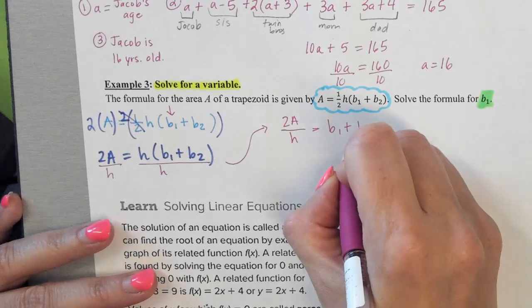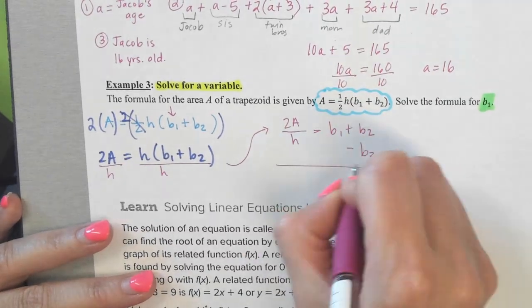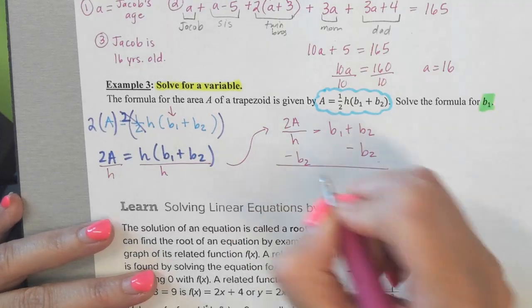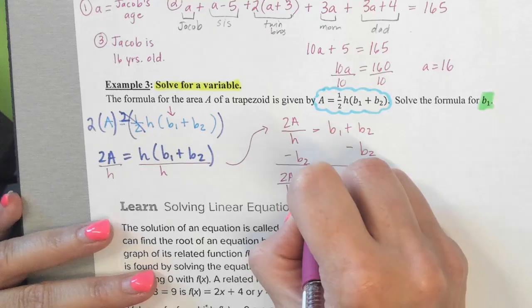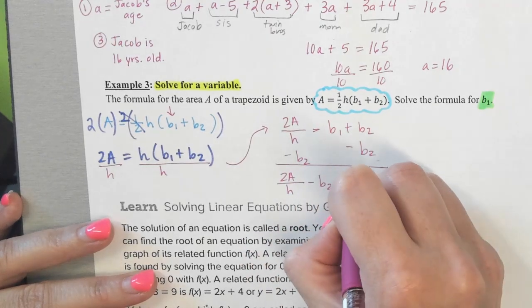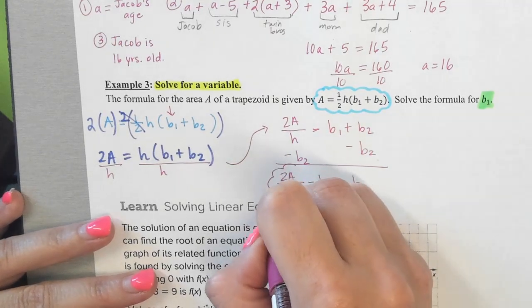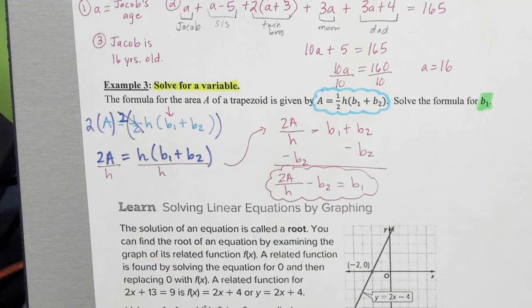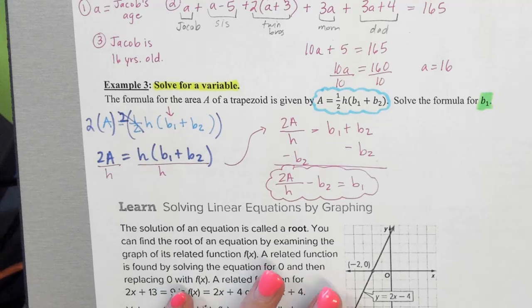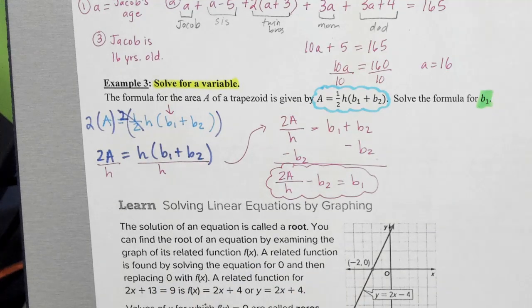Okay, so then our last step is just going to be to subtract. And you're going to write this out as 2a divided by h minus b sub 2 equals b sub 1. Okay, so that is going to be your formula. Okay, so you'll have different formulas that you'll have to solve for different variables there.